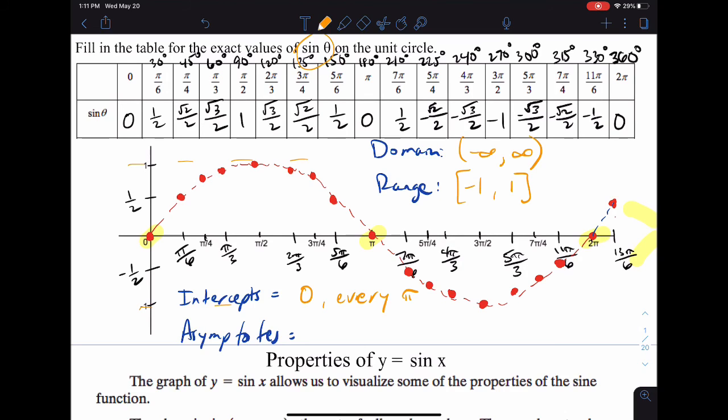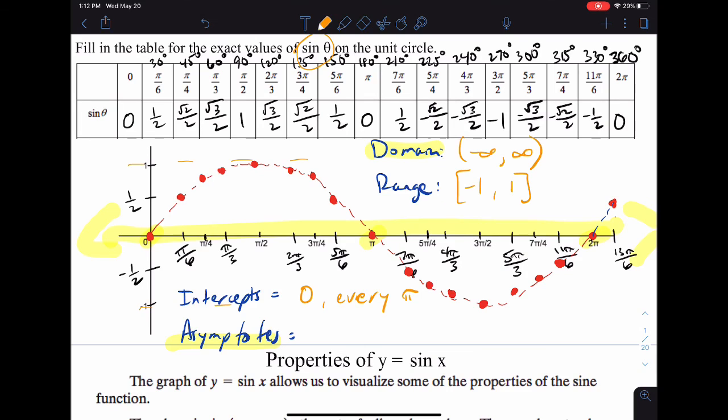Okay, asymptotes. Again, asymptotes kind of go with domain. If there are restrictions with the domain, there will be asymptotes. Well, we just said the domain is everywhere. Anywhere along this line, there could be an answer. There's never not going to be a sine value for an angle.